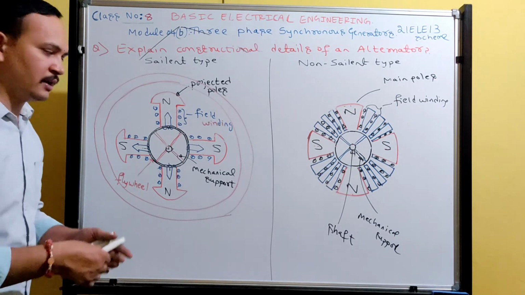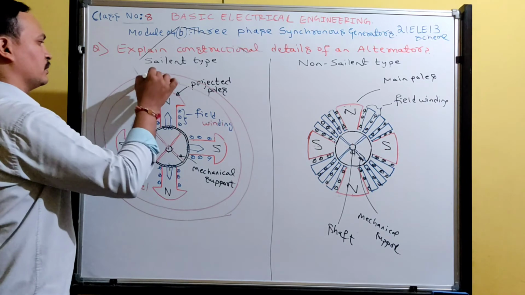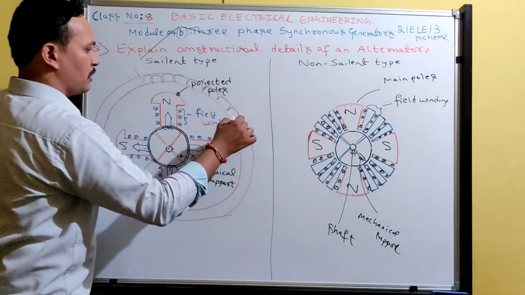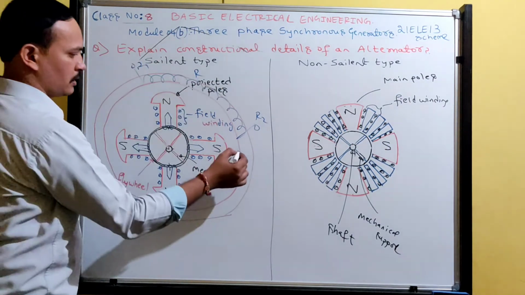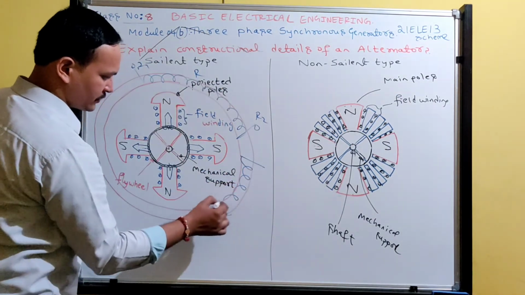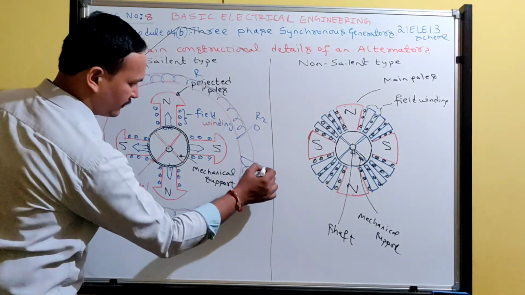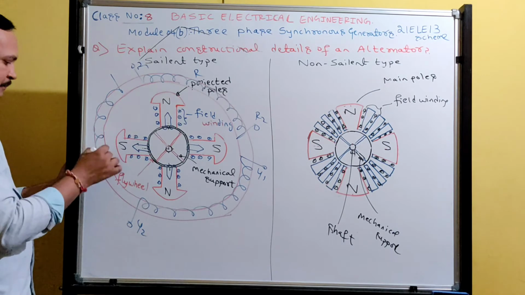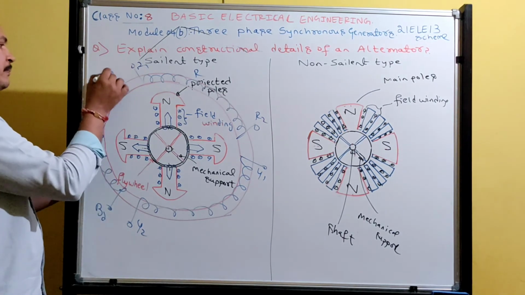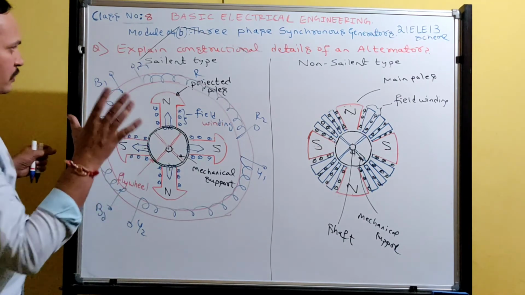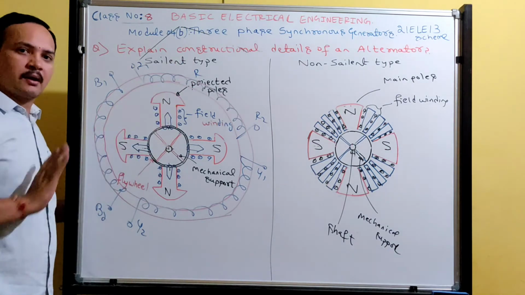It is called the stator. Assume the stator has 3 windings, 3-phase supply. This will be R phase winding, R2 and R1, and this will be Y phase winding, Y2 and Y1, and another one will be B phase winding, B2 and B1. Okay, this is about the 3-phase salient pole type alternator.